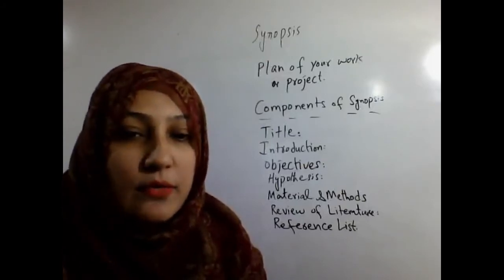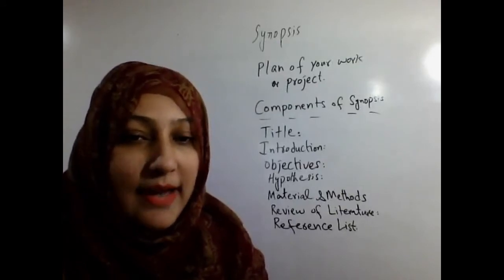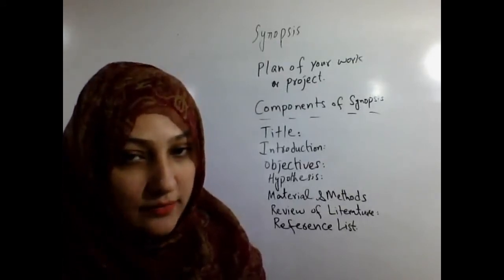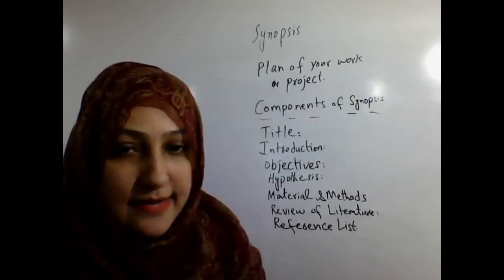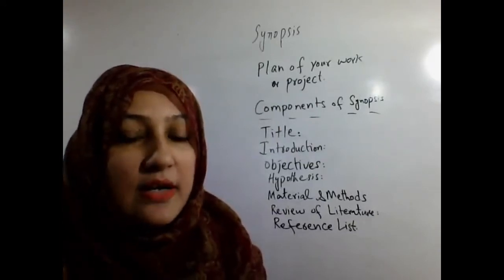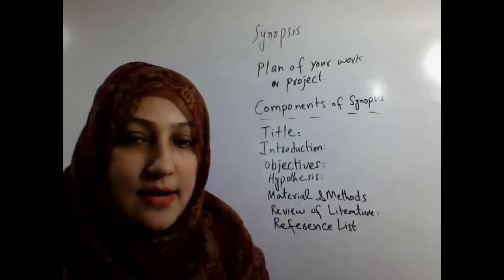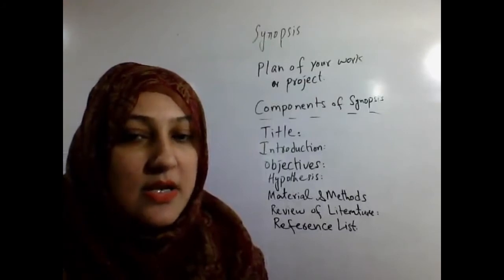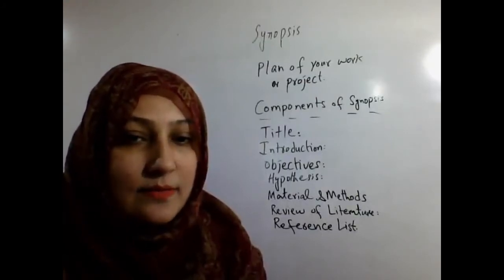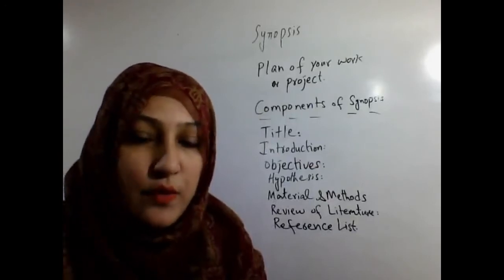Objectives: you have to give the idea about your research plan by your objectives, which you are going to pursue. Hypothesis: what results you think can come out of your research plan is called a hypothesis. Material and methods: the methods and the materials which are required for your study.